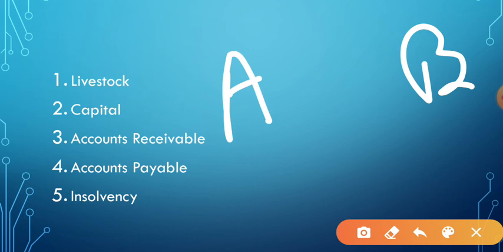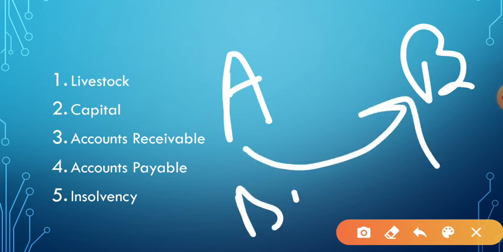Mr. B has said that I am taking this product from you and in future I will give you the money. So what A has done, to remember, he has prepared a bill, and this bill he has given to Mr. B, so that in future whenever B is giving a payment there should not be any mistake of time or date. That means there should be a timely payment.